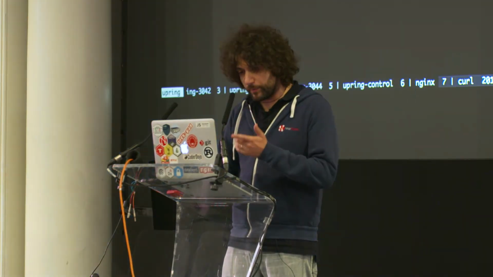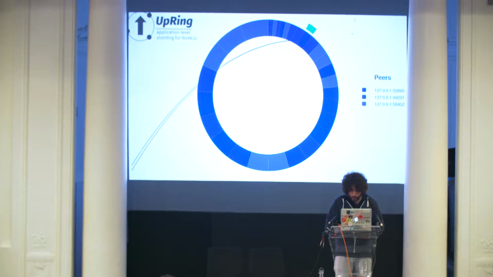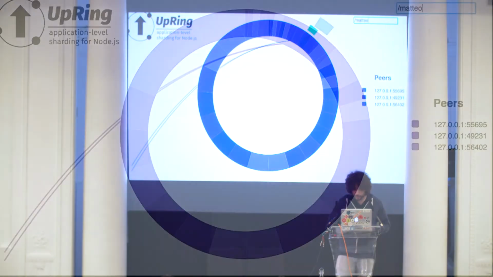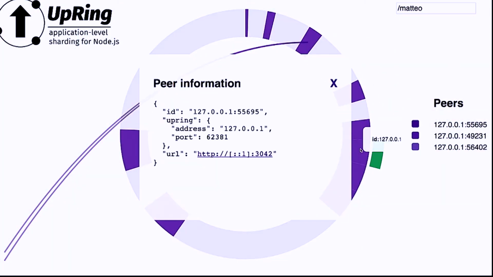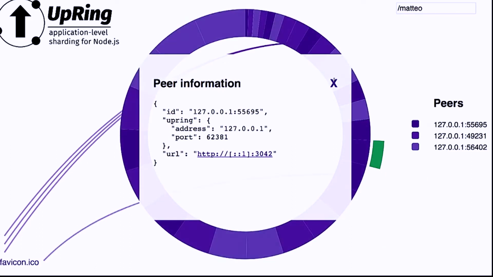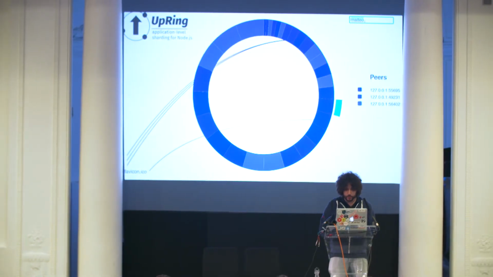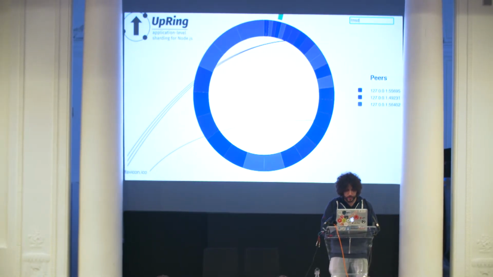In fact, we can also do something more interesting. For example, we can check where /Matteo is going to be handled. It's handled here, still the same 3042 peer, but with a different part of the hash. Let's try something else: /MSD.